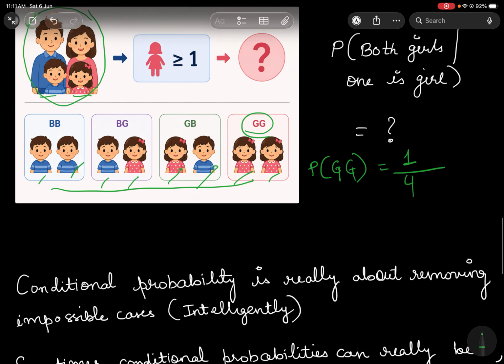Now suppose I have given you some information. I know that one girl is there for sure. Now tell me the probability of both girls.